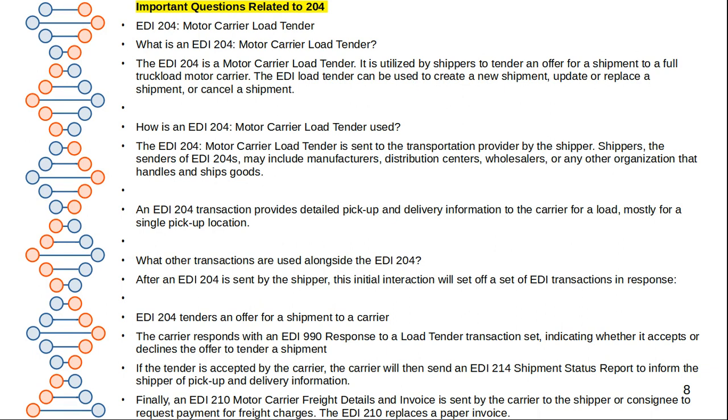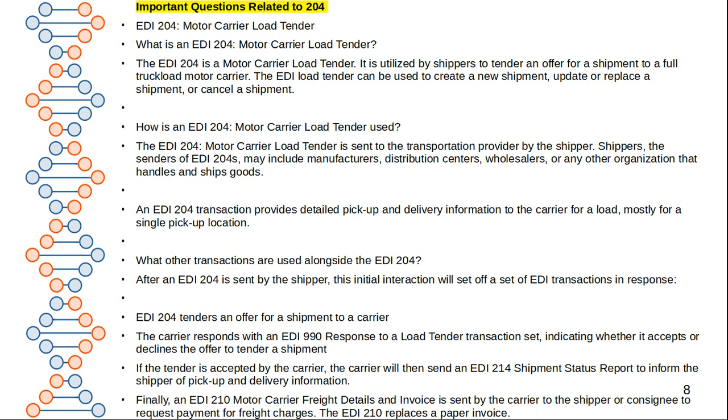Shippers, the senders of EDI 204s, may include manufacturers, distribution centers, warehouses, or any other organization that handles and ships goods. An EDI 204 transaction provides details, pickup and delivery information to the carrier for a load, mostly for a single pickup location.